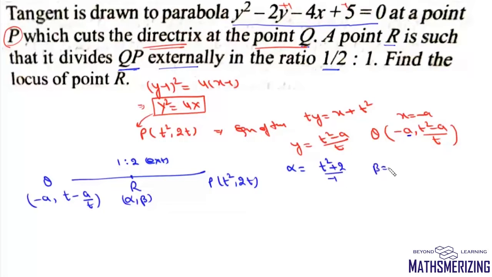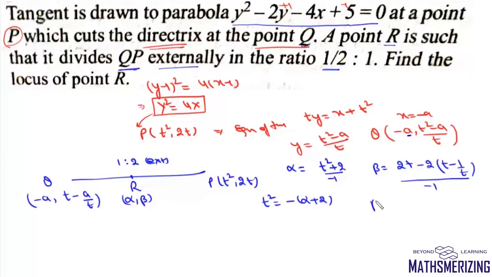And what's beta? Beta is (2t minus 2t) upon t minus 1, upon minus 1. So here we can write t square equals minus alpha plus 2, and here 2t and 2t will cancel.